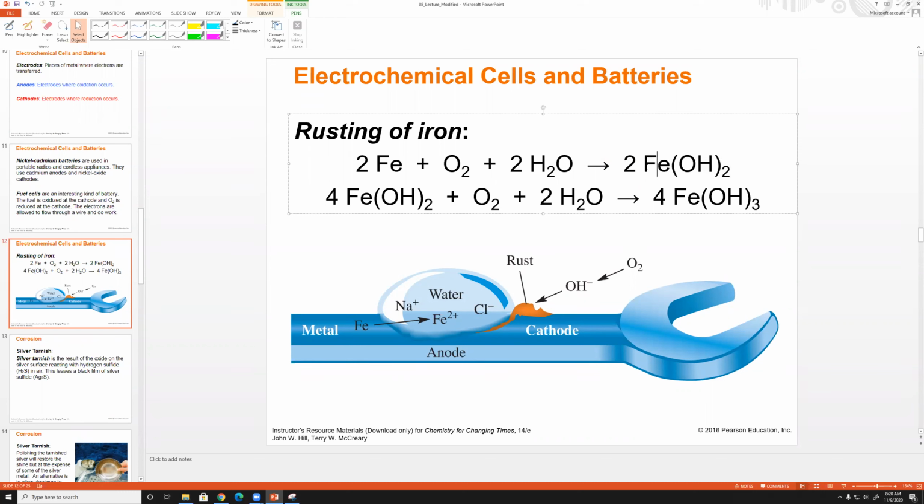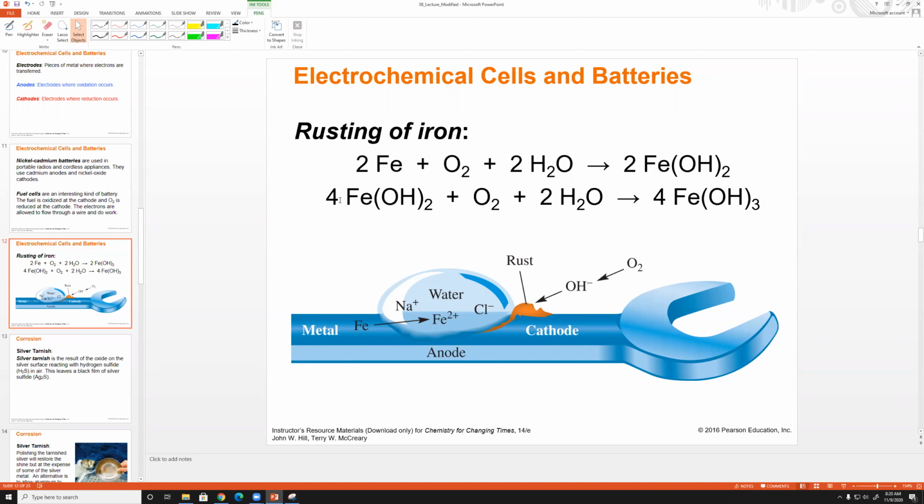But in this case, this equation talks about iron hydroxide, and that creates this rustic color. So that's how it occurs. It basically strips the metal and makes it react with oxygen to oxidize it. This is a chemical change, causing it to change into a different substance, which is iron hydroxide.